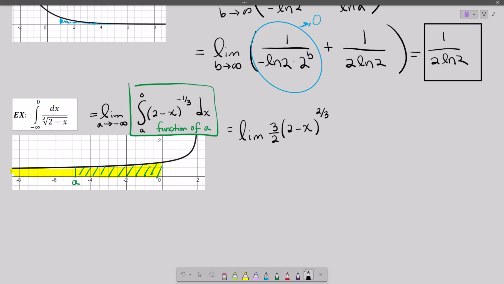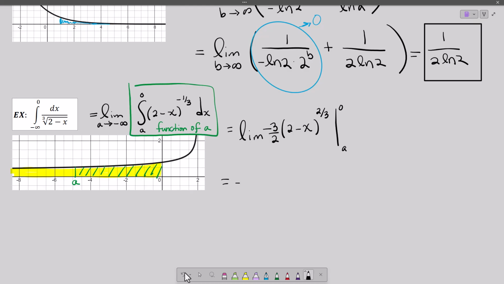And then the reverse chain rule says divide by the derivative of the inside, so we want to put a minus sign out in front. So that part's the reverse chain rule: add 1 to the exponent, divide by the new exponent, divide by the derivative of the inside. And this is going to go from A to 0.